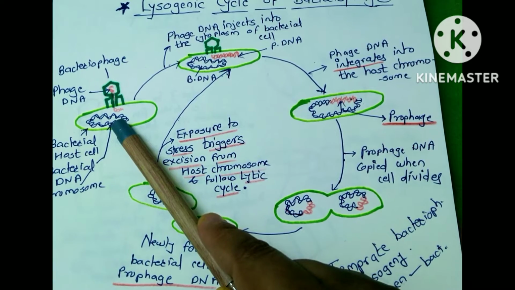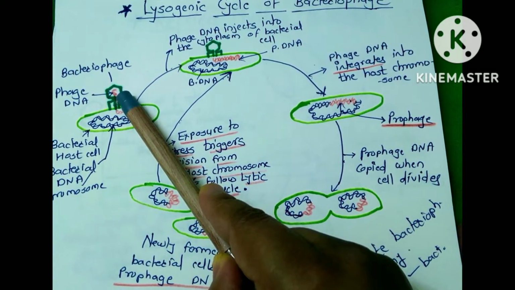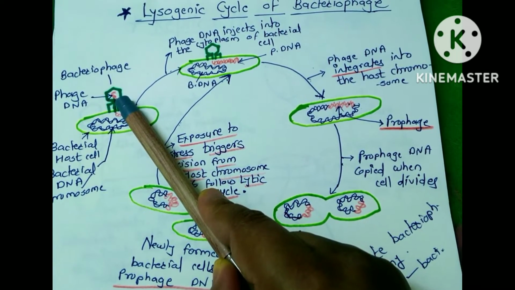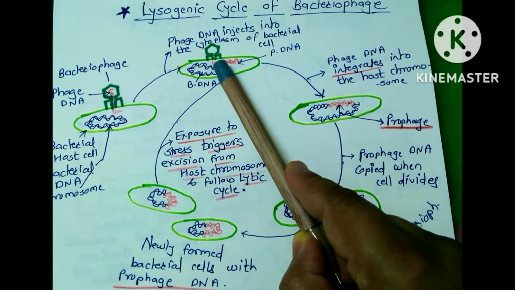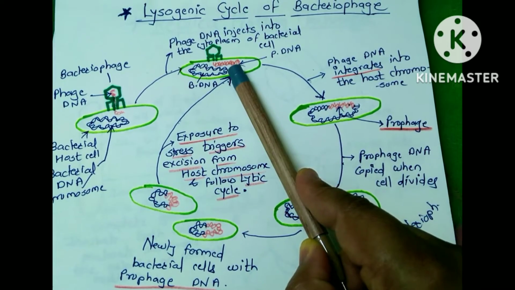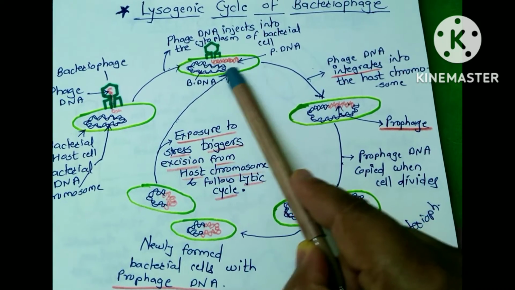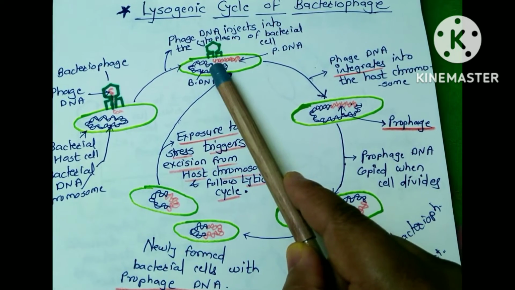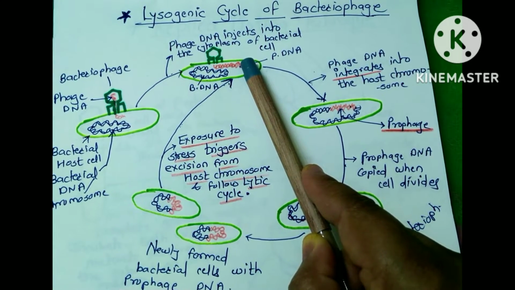Here the blue colored one is the bacterial chromosome, and inside the phage we can observe the red colored phage DNA. What happens in the next stage? Phage DNA is injected into the cytoplasm of the bacterial cell. So inside the bacterial cytoplasm we can see two genomes, one of the bacteria and one of the phage.